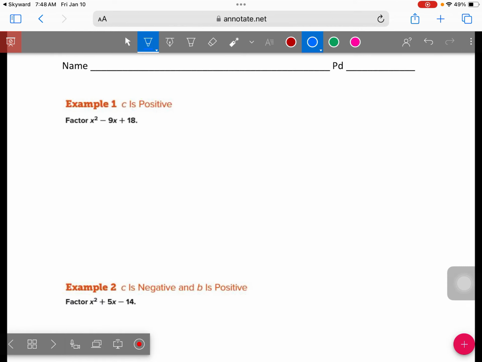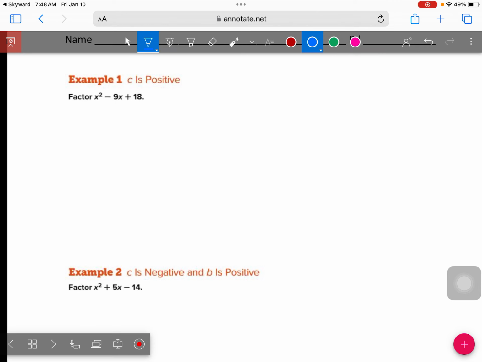All right, so let's go to the top of the next page. We need to factor x squared minus 9x plus 18. First of all, we need to look for a GCF. Do I have a greatest common factor for all of these? Well, let's see. I have a coefficient of 1, negative 9, and 18. So for the coefficients, it's just going to be 1.